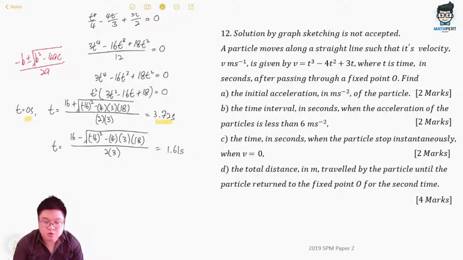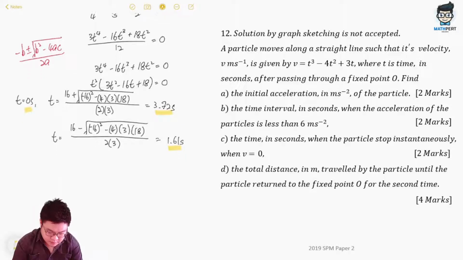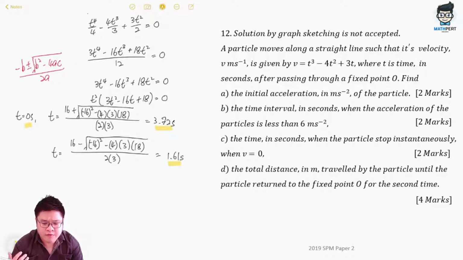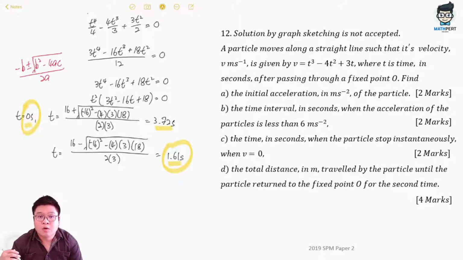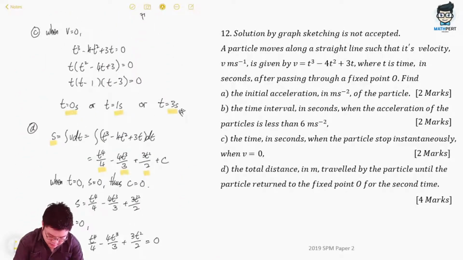When t equals 3.72 seconds, the particle passes through the origin O. When t equals 1.61 seconds, the particle also passes through the origin O. So in order to find when the particle returns to the fixed point O for the second time, the first time is this one and the second time is this one, we need to integrate from 0 to 1.61 seconds. However, do you still remember question C that we talked about just now?